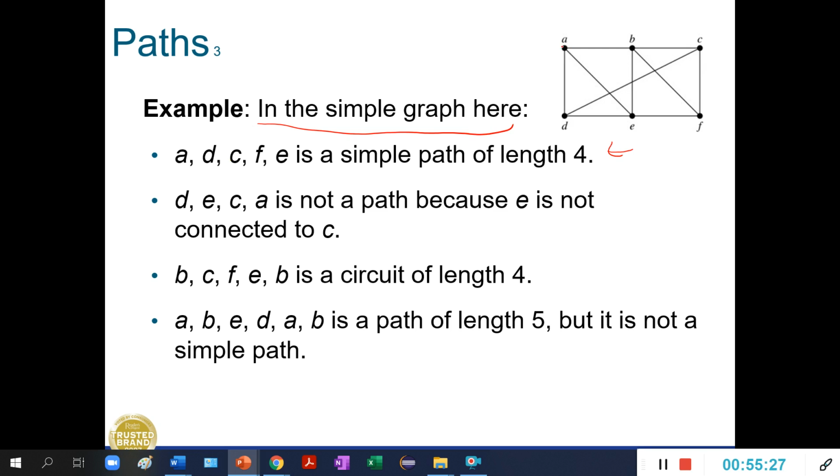AD is 1, DC is 2, CF is 3, and FE is 4. The path length is 4: 1, 2, 3, and 4.